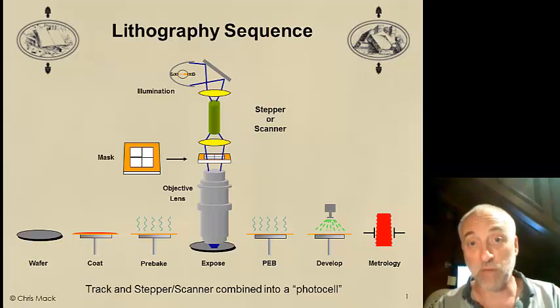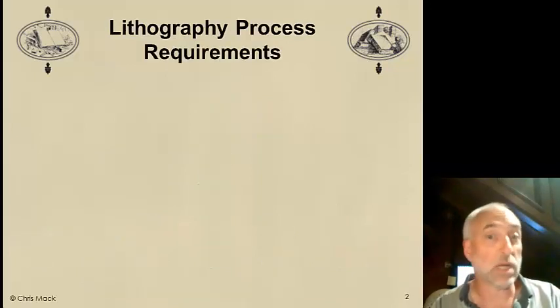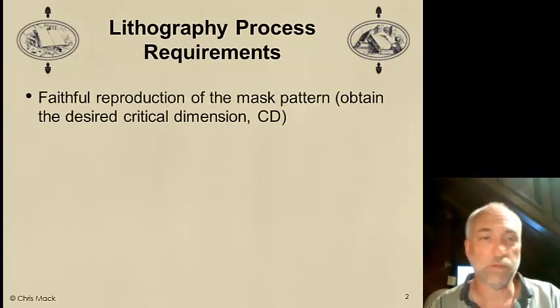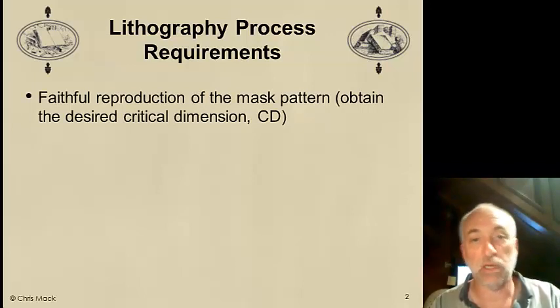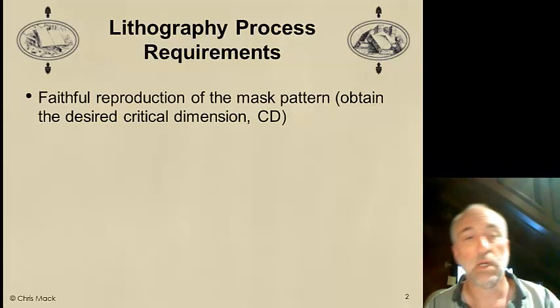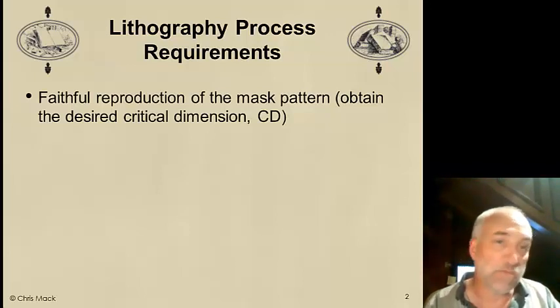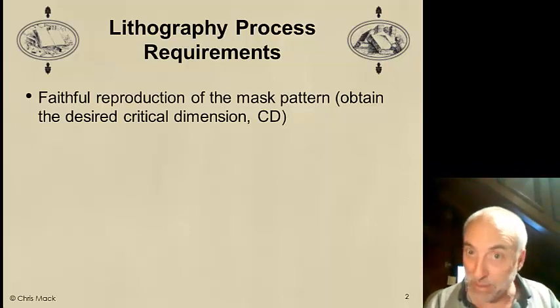But before we do that, let's look at the process requirements for lithography. The first requirement is maybe the most obvious one. We're trying to form an image of the mask onto the wafer. So the first requirement is that we have some faithful reproduction of the patterns that we're trying to print.